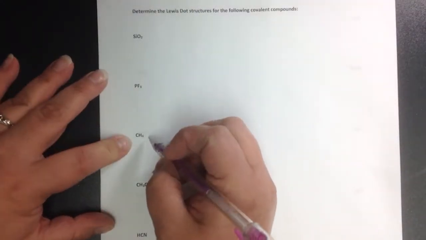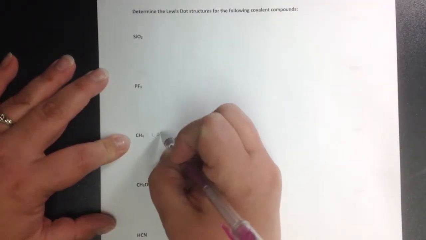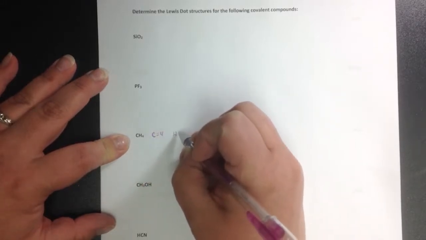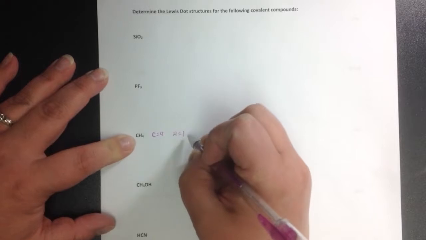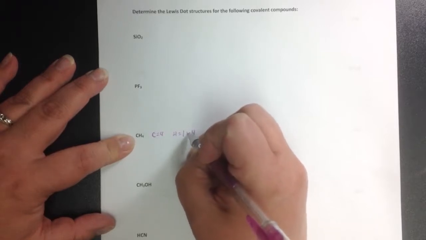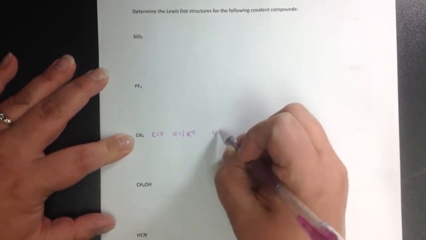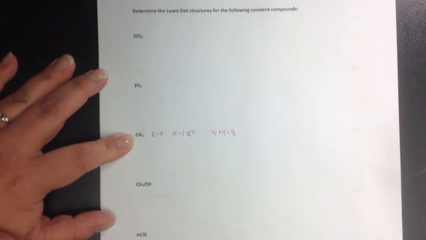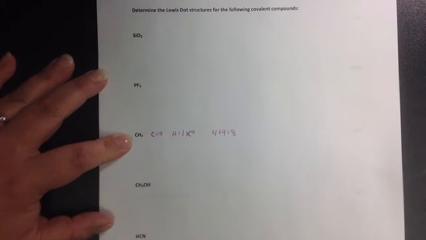Okay. So looking at CH4, C has 4 valence electrons. Hydrogen has 1, but there's 4 of them. So 4 plus 4, we have 8 valence electrons to put our molecule together with.